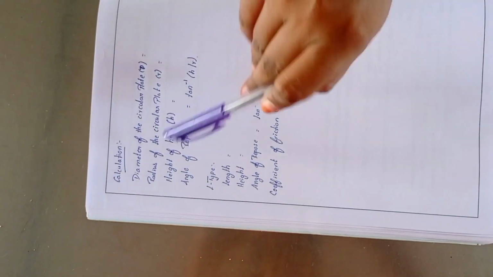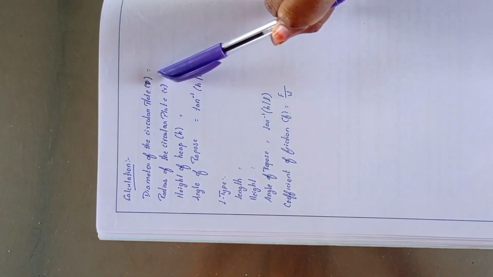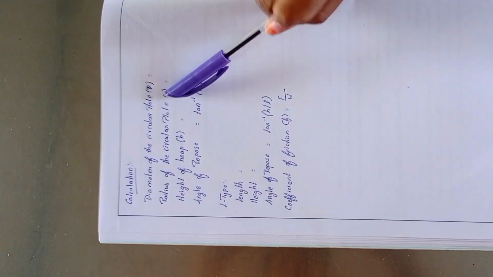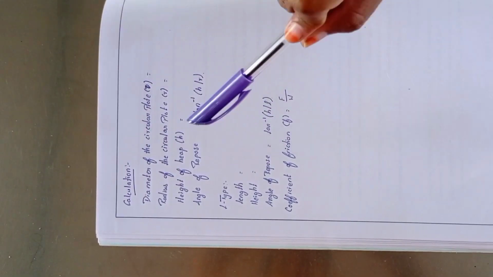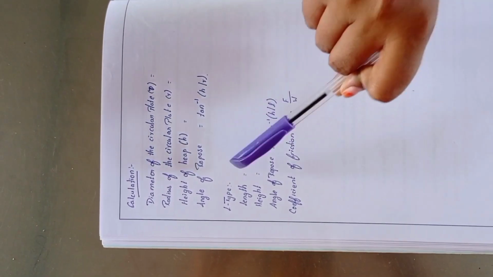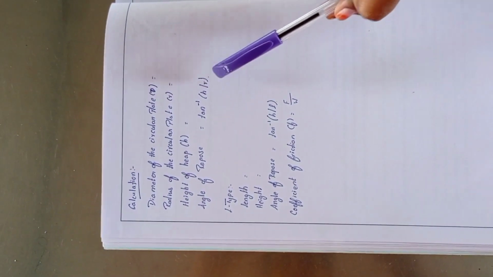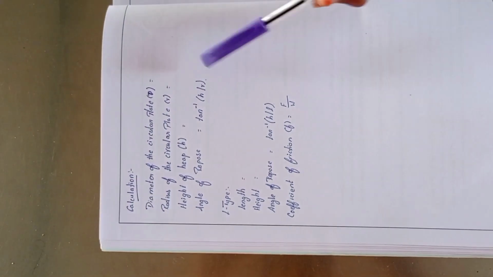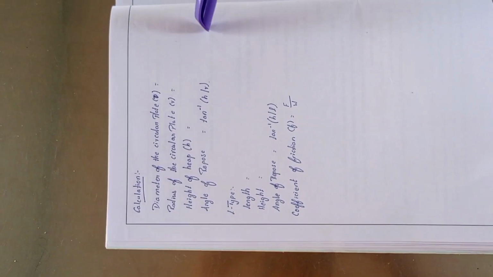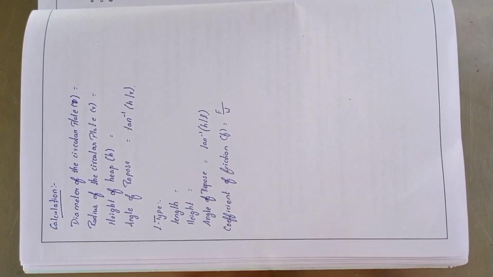First, as I said before, we have to measure the diameter of the circular plate, then the radius of the circular plate from the diameter, and the height of the heap. From this we can use the formula, which is angle of repose is equal to tan inverse of height divided by radius. From this we can identify the angle of repose for the given sample for the round type.